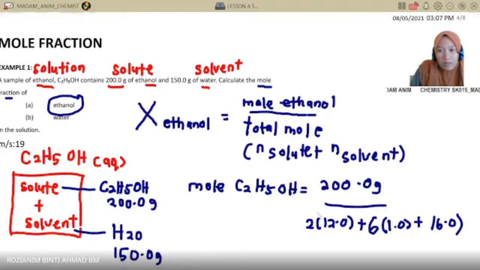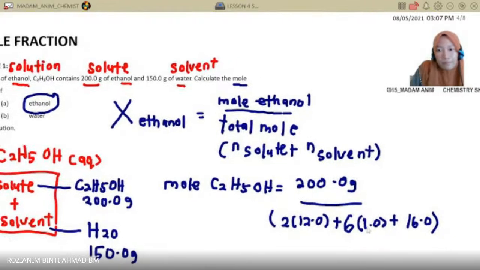So the unit is gram per mole. Help me calculate the value of the mole of ethanol.